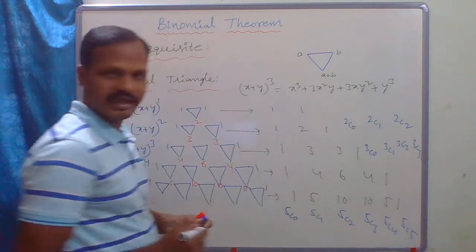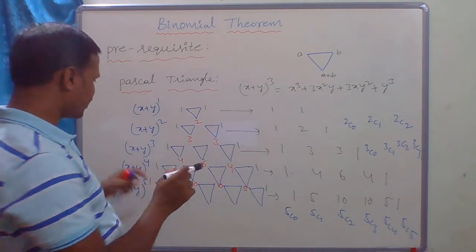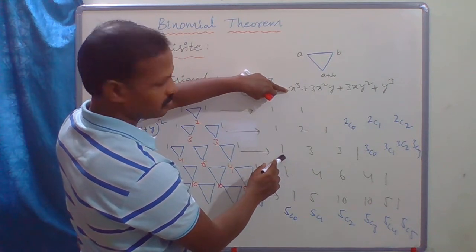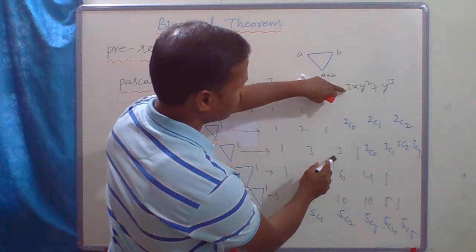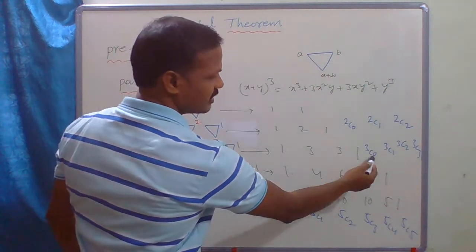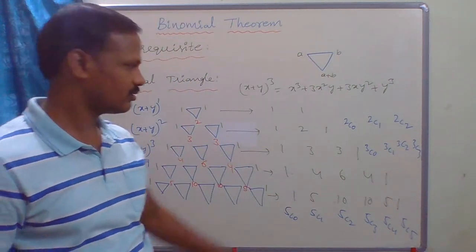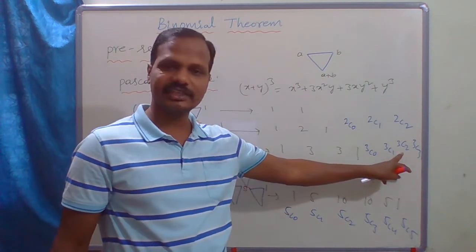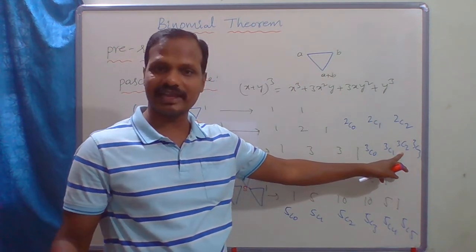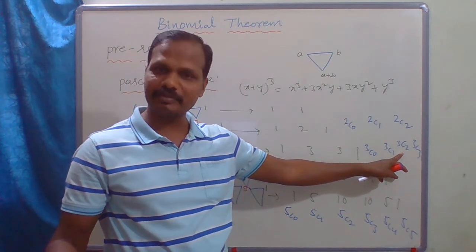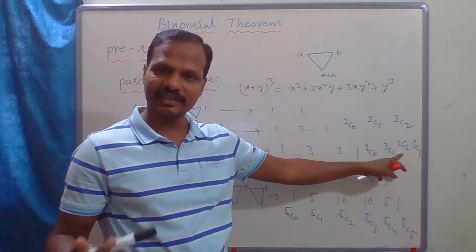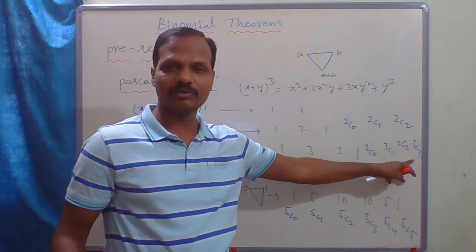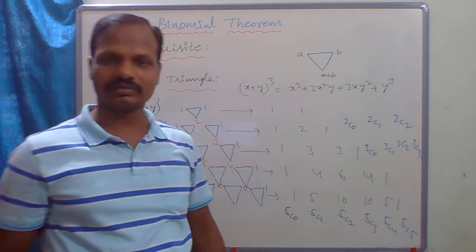Now compare this with the coefficients 1, 3, 3, 1. 3C0: nC0 is 1. 3C1: nC1 is n. 3C2 is nothing but 3C1, since nCr equals nC(n minus r), so 3C(3 minus 2) is 3C1, which is 3. 3C3 is 1 because nCn is 1.